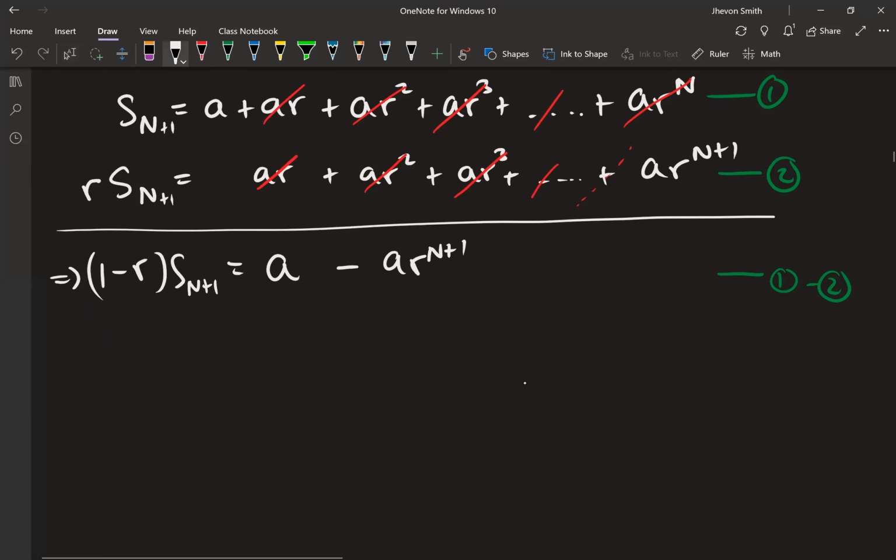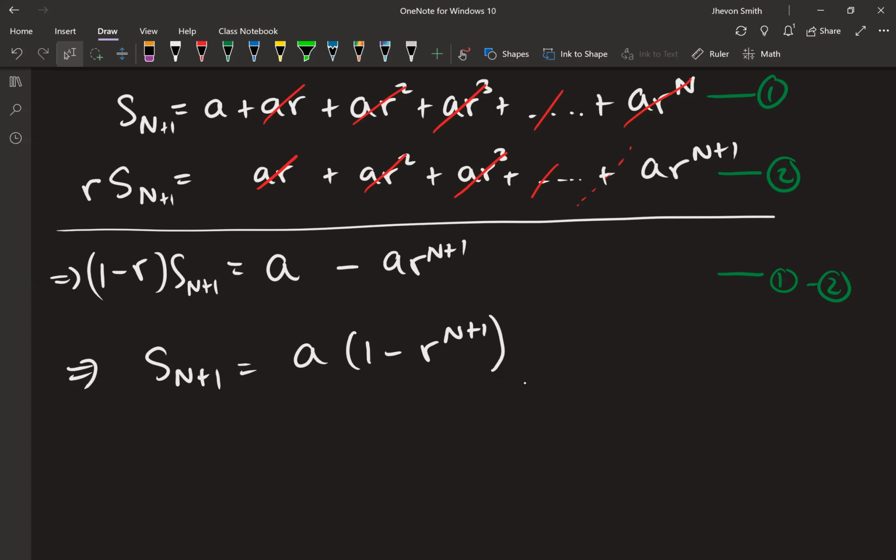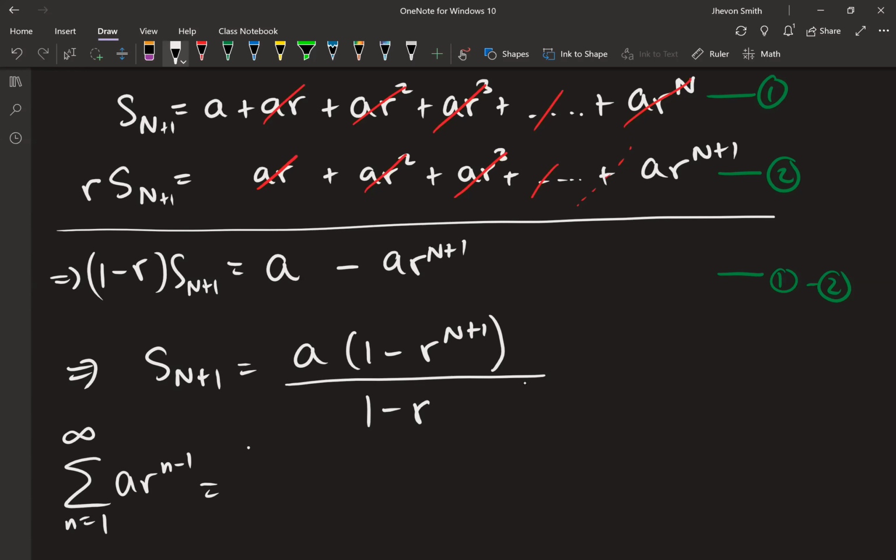Then what I can do is I can solve for the nth partial sum. There's a common factor of a, and I divide that by 1 minus r. Now, the sum, n goes from 1 to infinity of, say, ar to the n minus 1. That's simply going to be the limit as n approaches infinity of this guy.